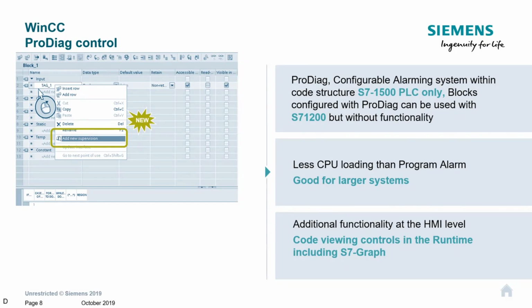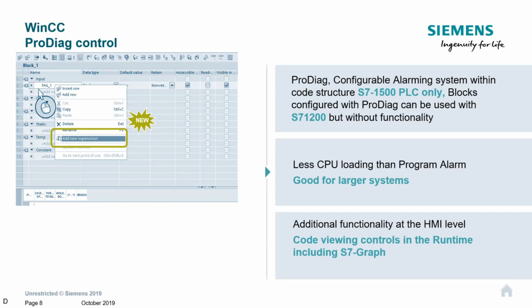So when we're at the point in our code, we can go onto the tag or the coil or whatever it is, and then click on and add a supervision. So we're defining the place in the code where we're going to monitor this. This gives us some great features when we take this up into the HMI level.